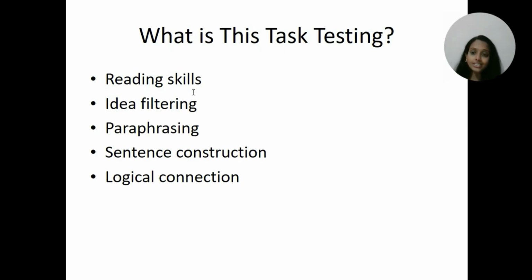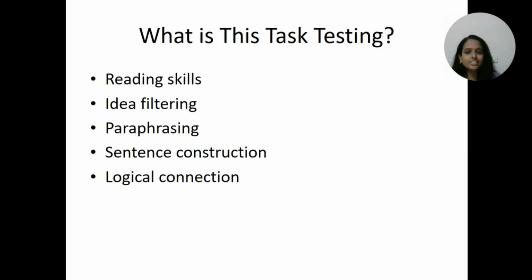Can you rewrite ideas in your own words? And of course, sentence engineering, which means can you combine multiple ideas into one grammatically perfect sentence? And whether you can make logical connections using logical connectors.